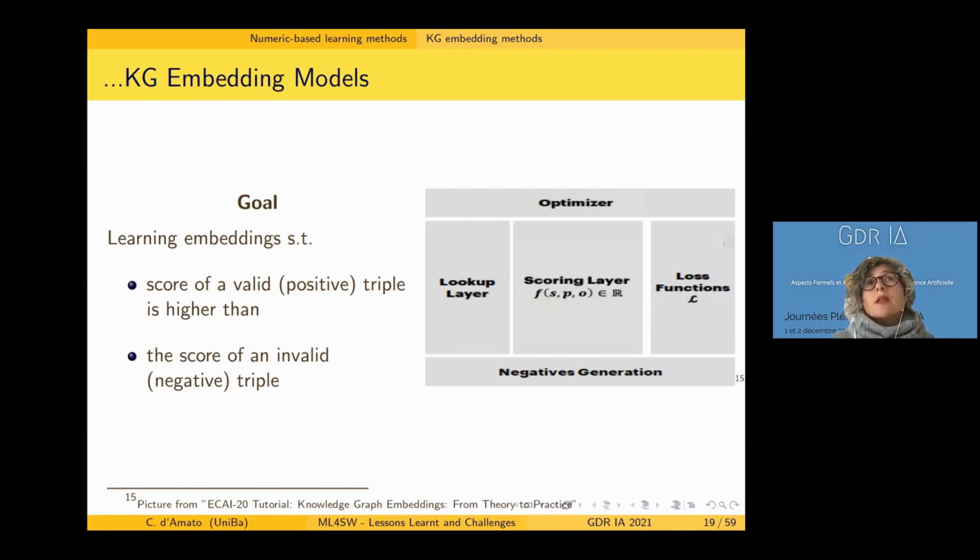That means that given a triple, either the subject or the object is replaced with another individual, another resource, which is present within the knowledge graph. As you may easily understand, in this way, you can easily generate a bunch of false negative examples.